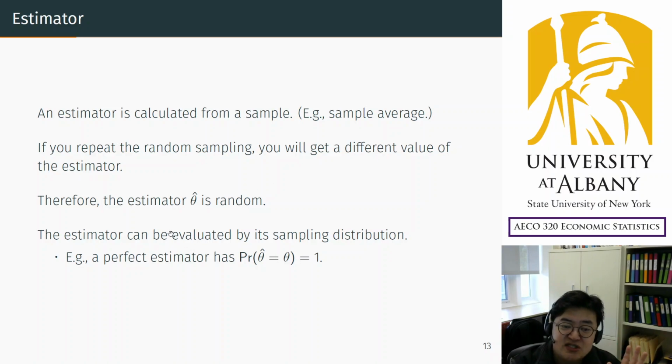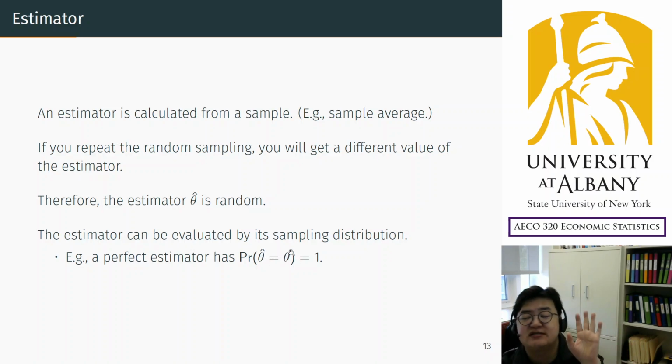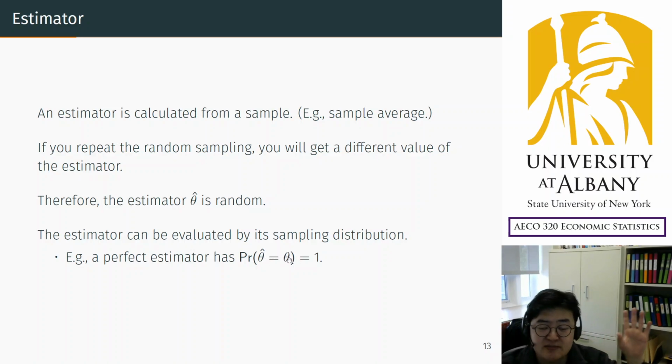And one extreme is like this. A perfect estimator would be like this. So theta hat is your estimator. Theta is the true parameter. So if they are equal, you are correct. Your estimation is perfect. And I hope this to happen with 100%. Because theta hat is random, sometimes theta hat may be equal to the true parameter, or sometimes not.